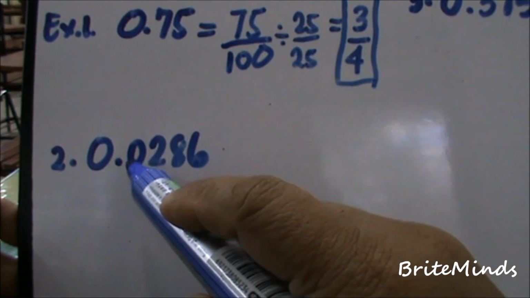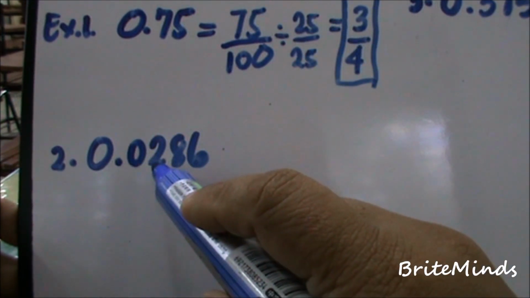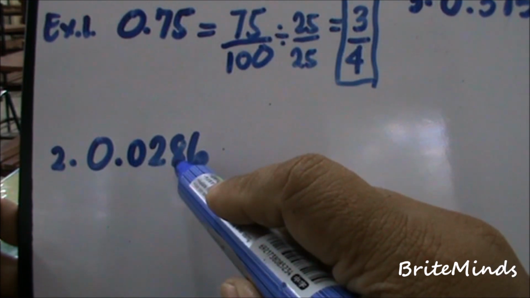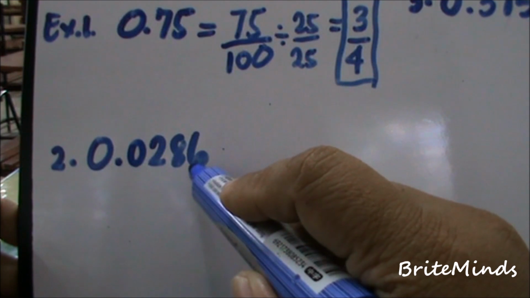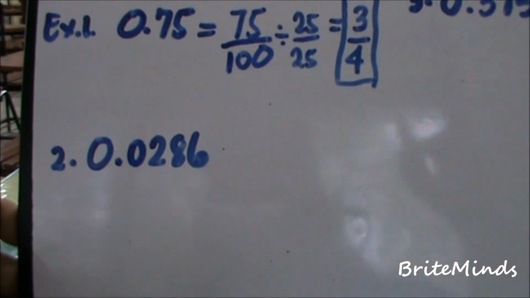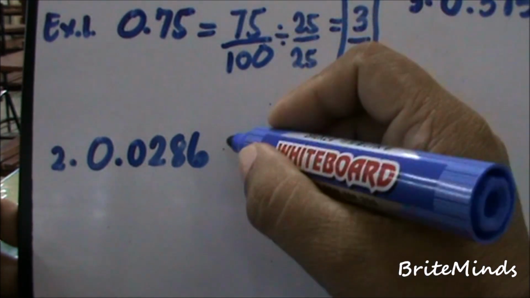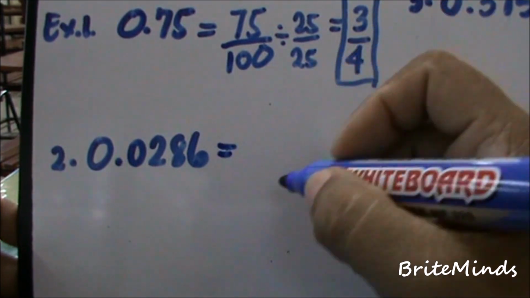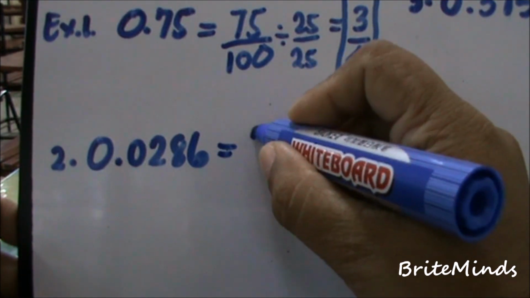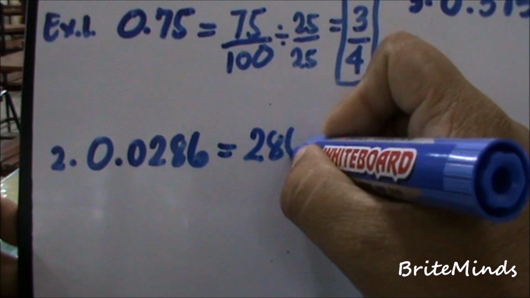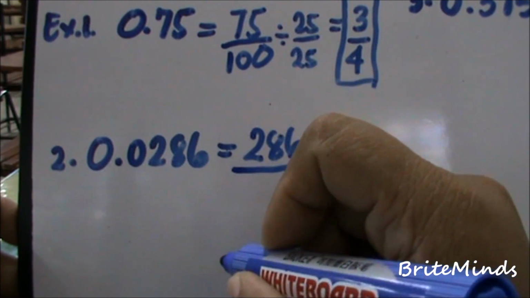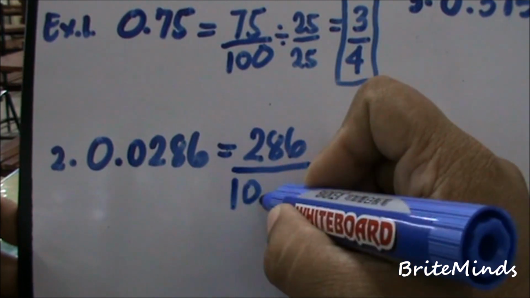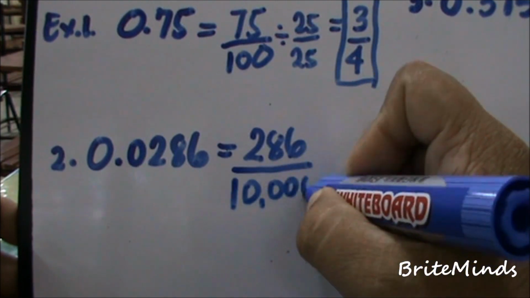Okay, so this is tenths, this is hundredths, this is thousandths, and this, the last digit, is ten-thousandths. So we simply do 286 over 10,000.